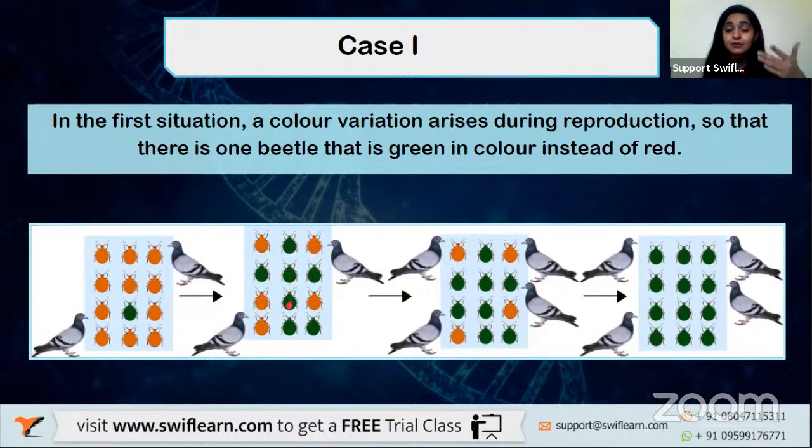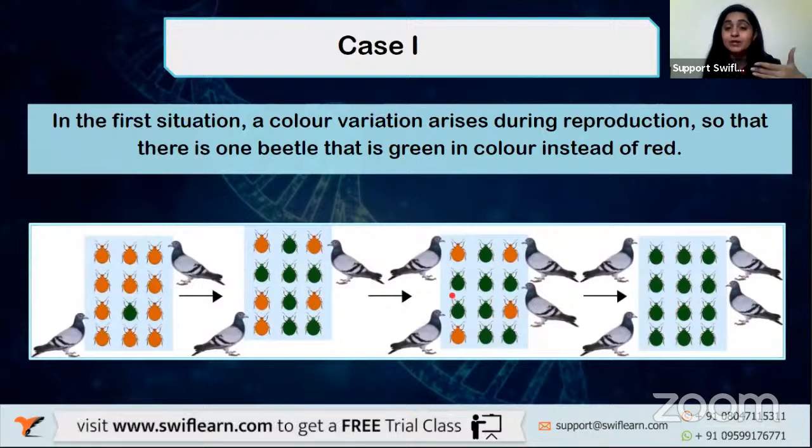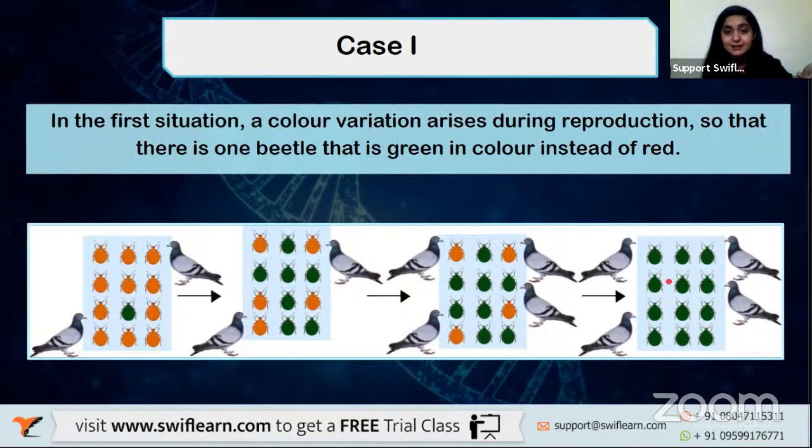On the other hand, green ones multiplied, and the number of green is now more than the red, and hence at the end, when the red ones were all eaten up by the birds around, what was left? The green one, isn't it?